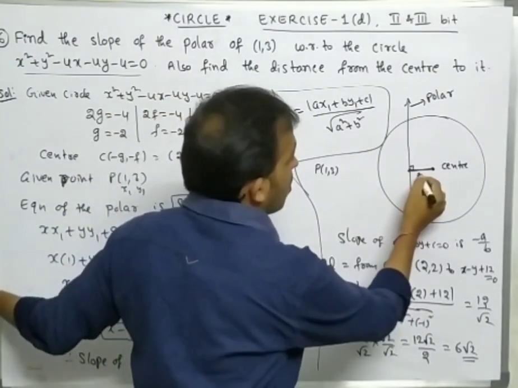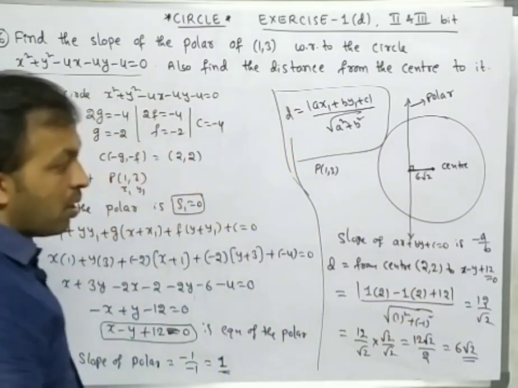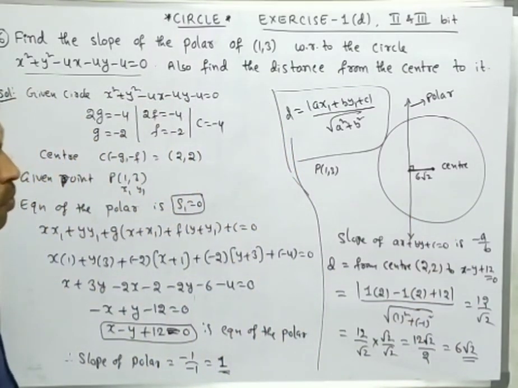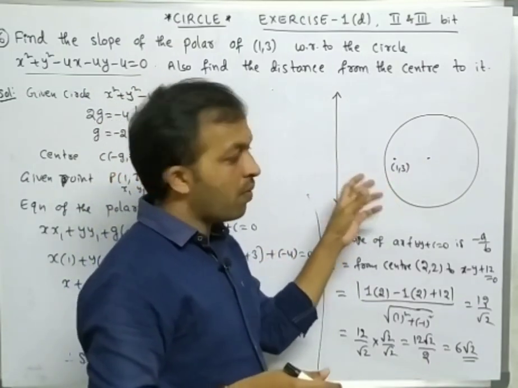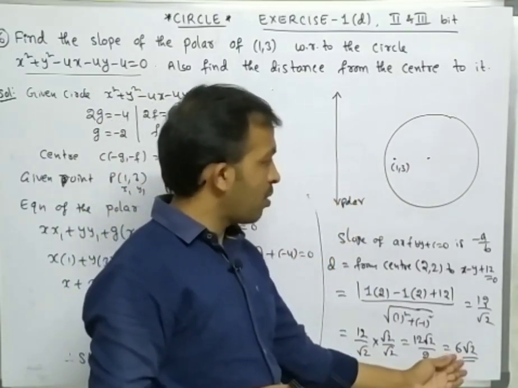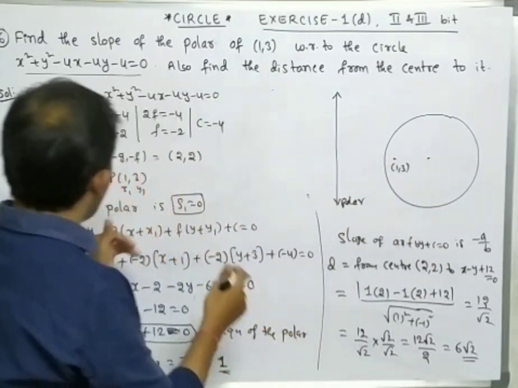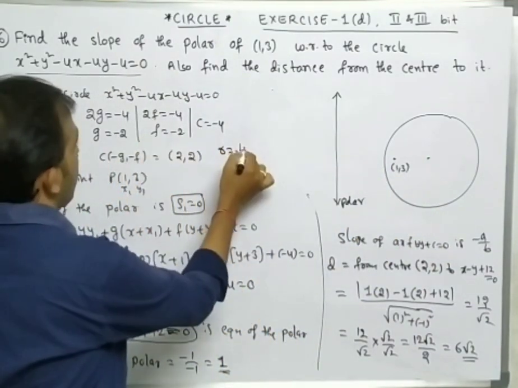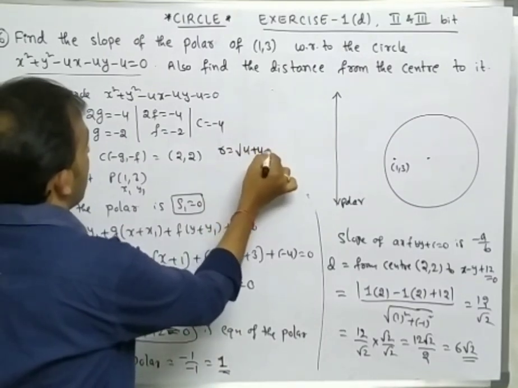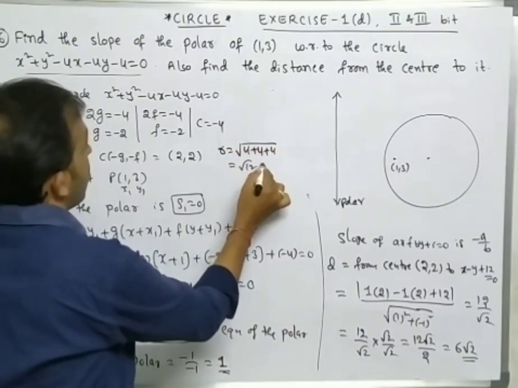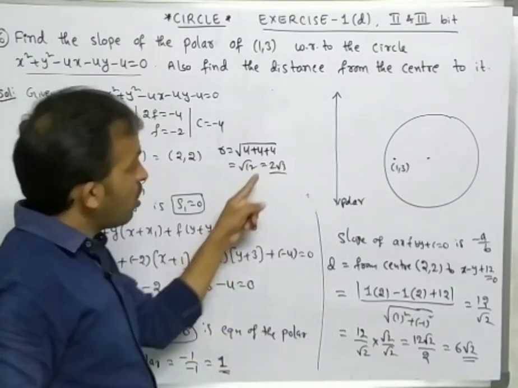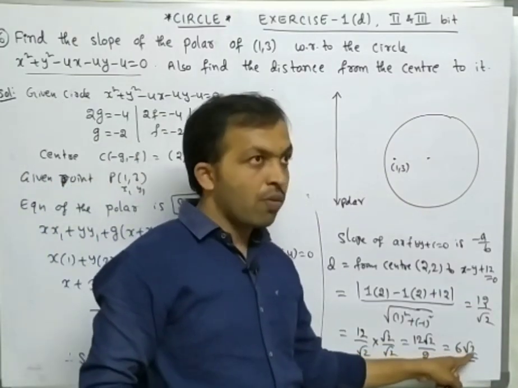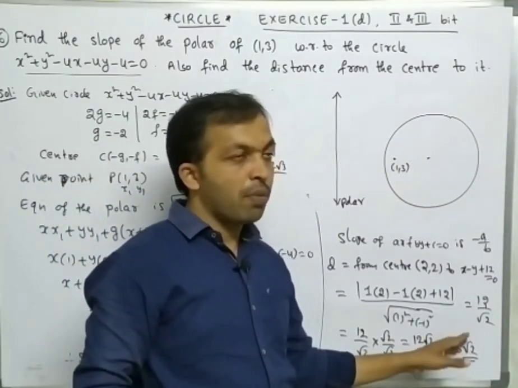So 6√2 is the distance from the center to the polar equation. Let me draw the geometry again. We got the distance 6√2, and the radius is √(4 + 4 + 4), that is √12, which is 2√3. So 2√3 is about 3.4, and 6√2 is about 8.4.